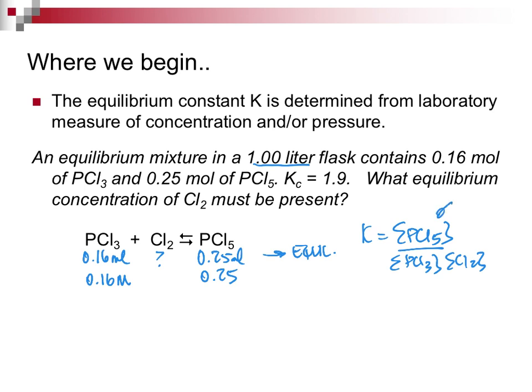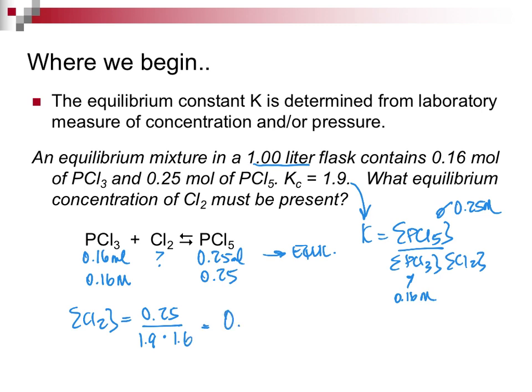So I can put in 0.25 molar, I can put in 0.16 molar, and my equilibrium constant is given as 1.9. If I rearrange this, and I'll go slower in our lecture Zoom, 0.25 divided by 1.9 times 0.16, it's going to give me the numerical value of 0.82 molar.